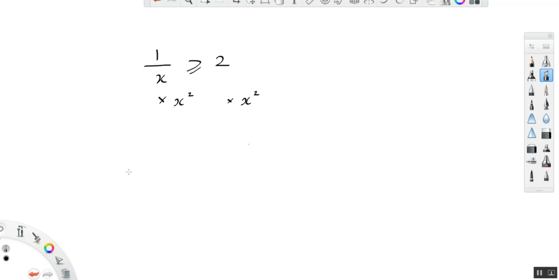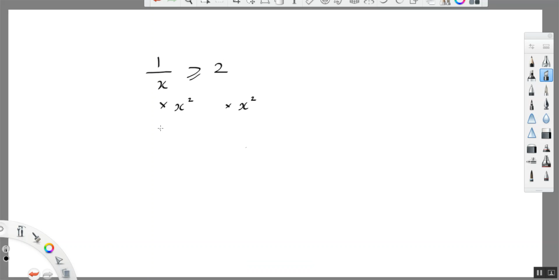On the left, that's going to give me x squared on x, which is just x. And on the right-hand side, I'm going to get 2x squared. Now I can go about this like a quadratic inequality. I'll swap that around: 2x squared is less than or equal to x.